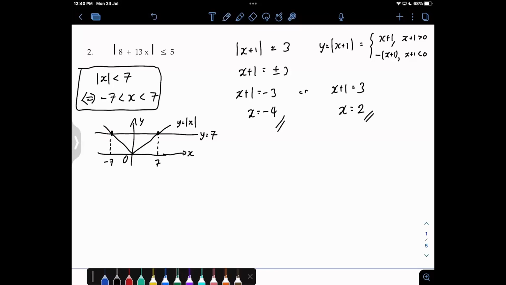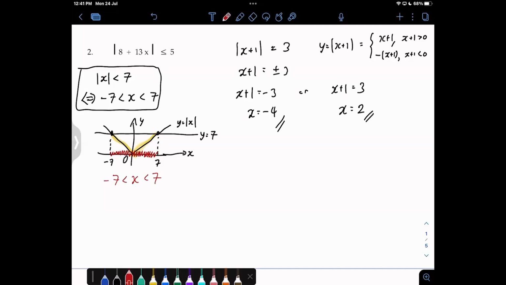Then the question is, modulus x less than 7 means which part of the triangle-looking modulus x graph is below the 7? Clearly, it is this yellow part here. But we don't care about the yellow function itself. We care about the shadow, which is the bottom part here. So what are the values? Isn't it just negative 7 less than x less than 7?